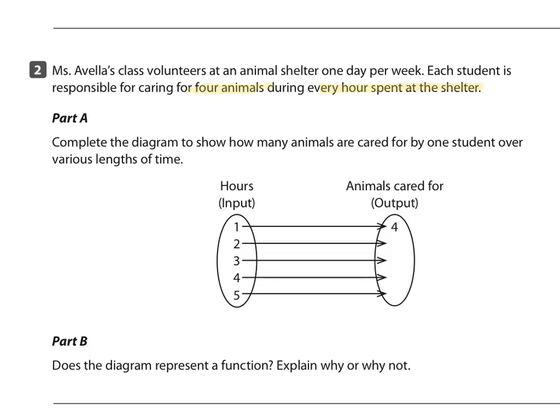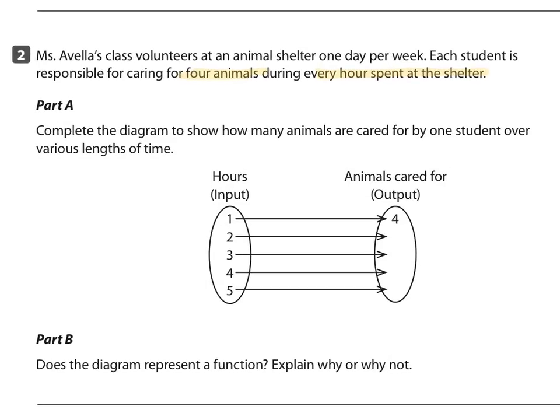Now that means that one student in 1 hour is going to take care of 4 animals. Now if he spends another hour there, you need to add those 4, so that's going to give you 4 more animals, which is 8, and then after 3 hours is going to be 4 more animals, and that's going to be 12, and this pattern is going to continue.